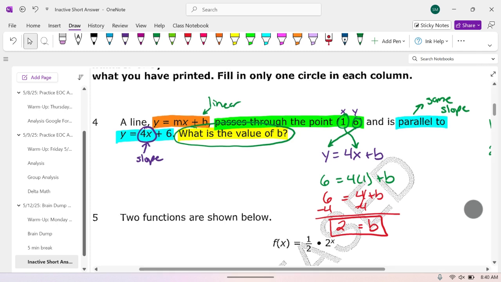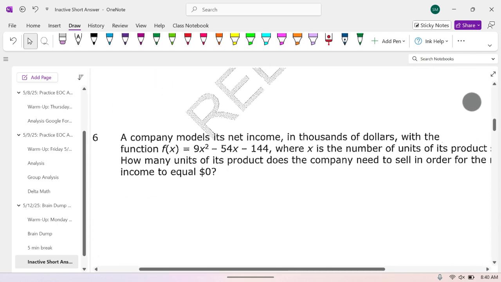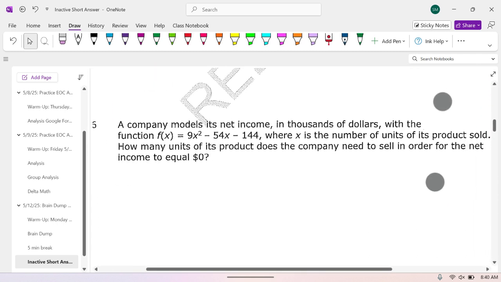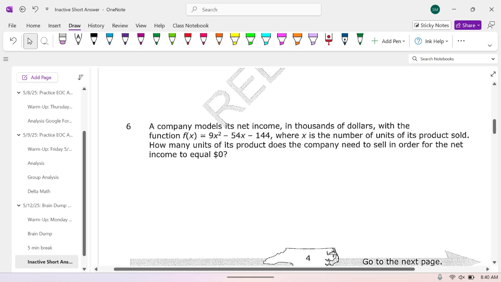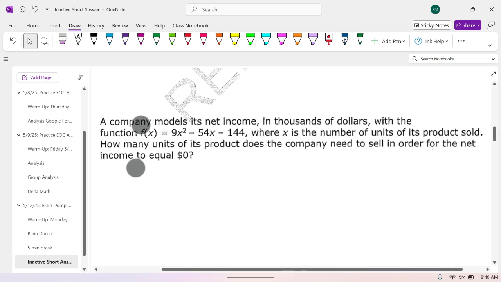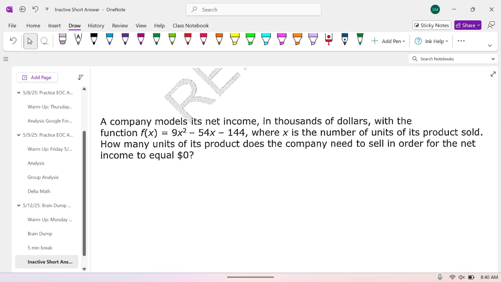All right, we're going to come back to number 5 later, but let's look at number 6. This is an example of a problem that has a lot more fluff than what it actually needs. So, what's the very first thing I've got to do to identify my problem?